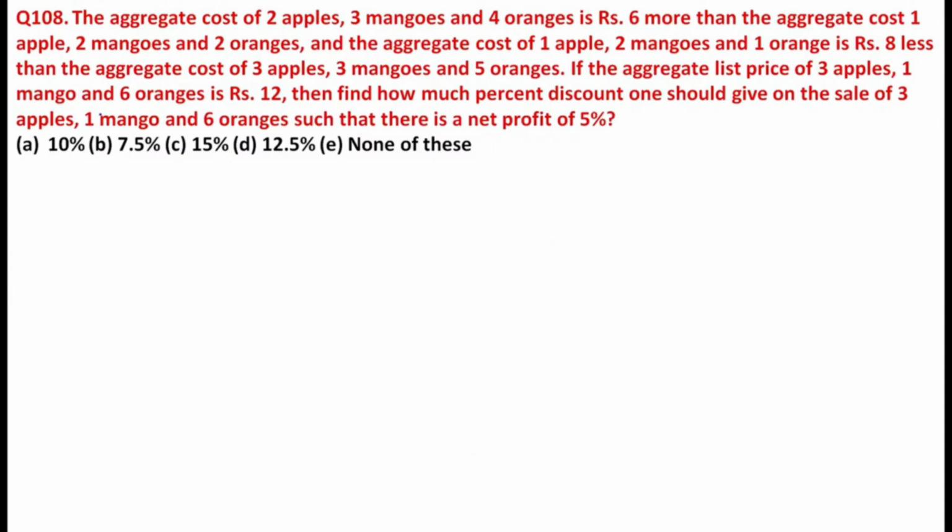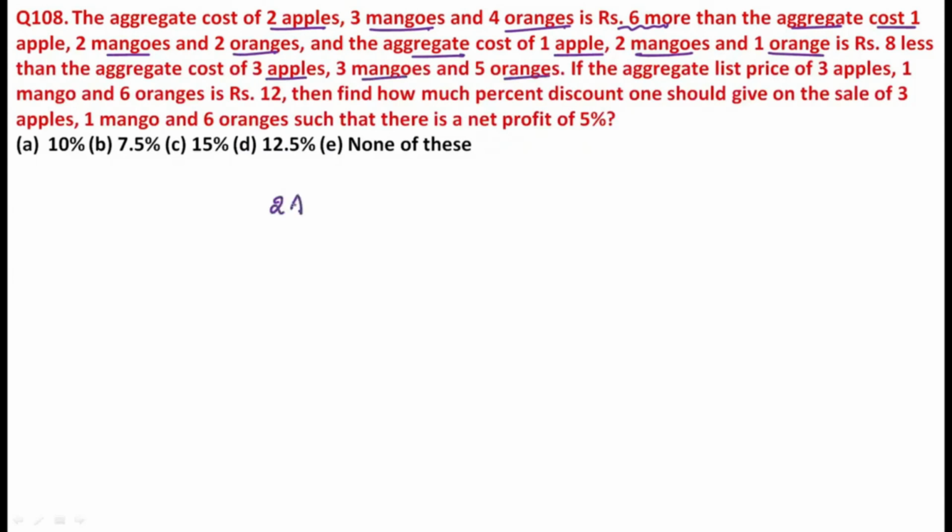The aggregate cost of 2 apples, 3 mangoes, 4 oranges is 6 rupees more than the aggregate cost of 1 apple, 2 mangoes, and 2 oranges. And the aggregate cost of 1 apple, 2 mango, 1 orange is 8 rupees less than the aggregate cost of 3 apple, 3 mango, 5 orange. So here, it is completely based on equations.